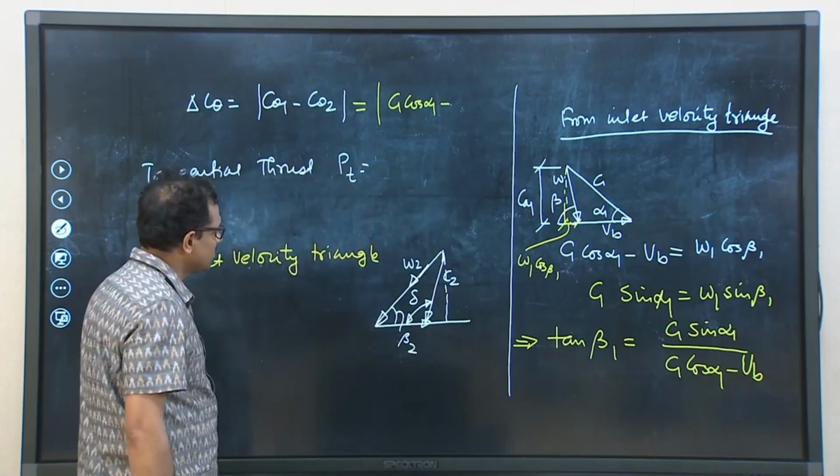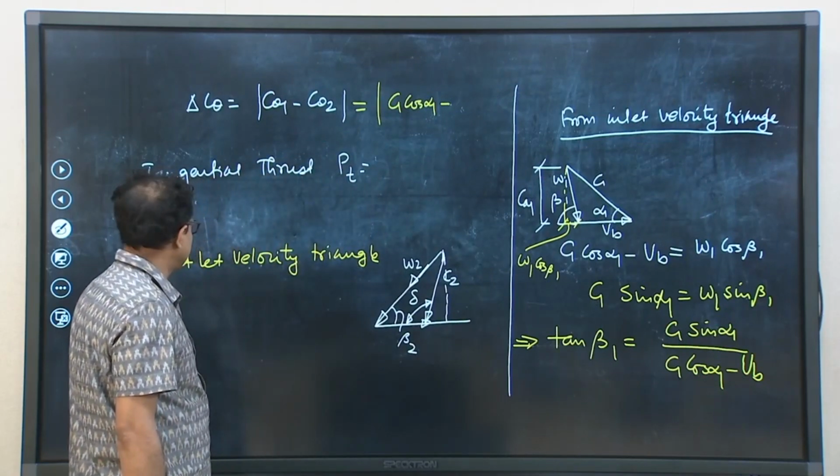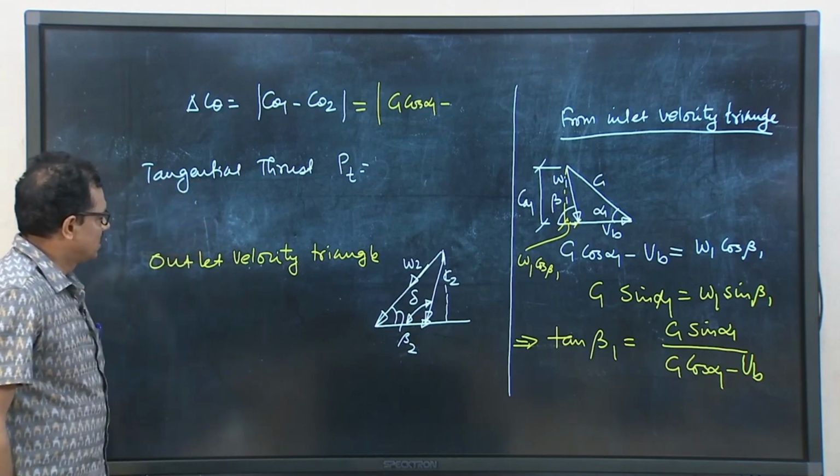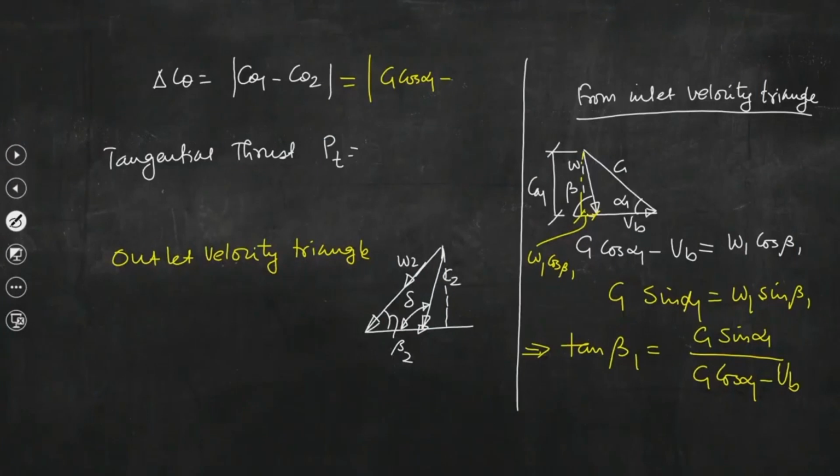So, what we can write here is that this is the outlet velocity triangle. We can write that C2, so this is Vv and this is C theta 2.